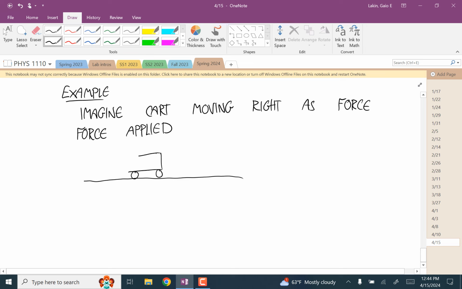Okay, so here's the cart. And let's say at instant 1, it's here. And at instant 2, it's here. Then between instant 1 and instant 2, the displacement looks like this. Okay, that red is the displacement vector.